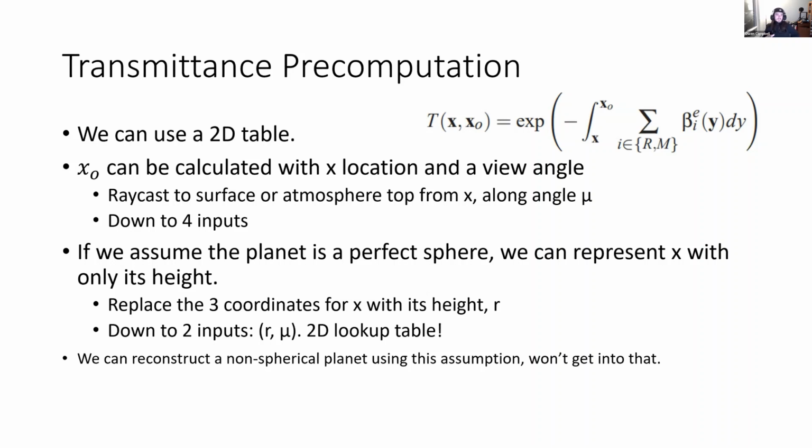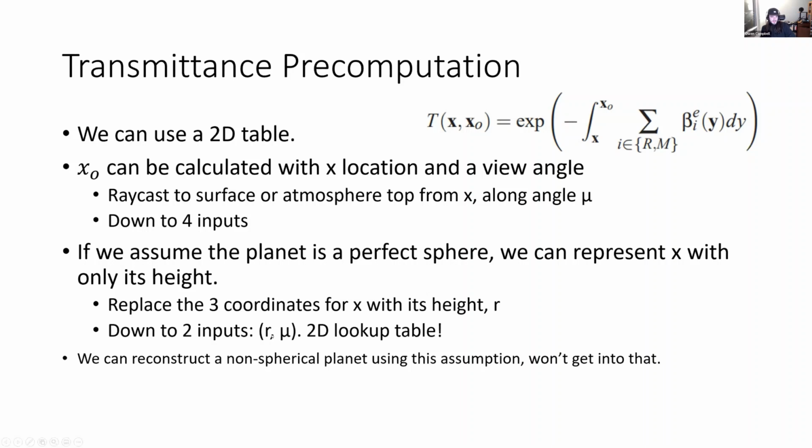You don't need a 2-dimensional angle or anything like that because of the symmetry of the sphere you're on top of. So we can represent this lookup table with only 2 inputs, which is your height and your view angle.